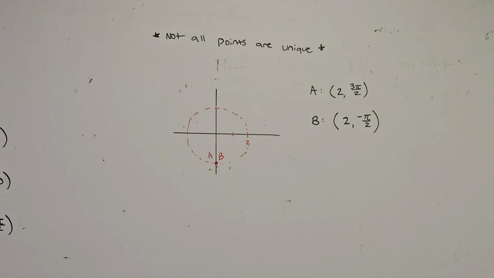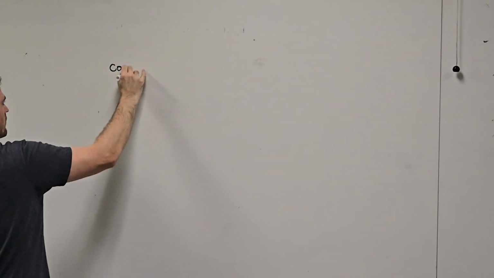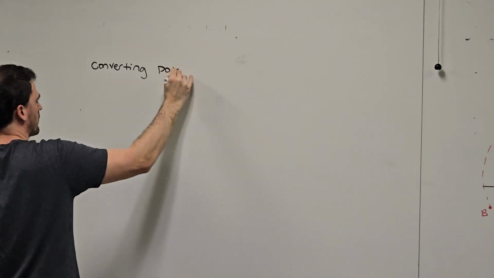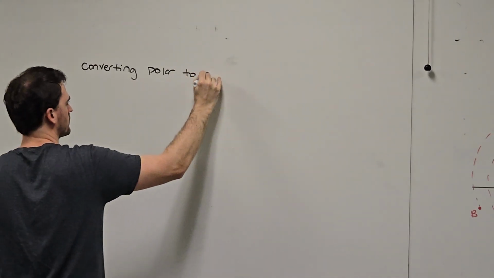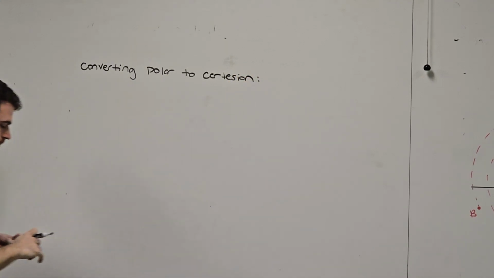So that's how to plot the points. The next idea that we want to get comfortable with is how to convert the coordinates, converting polar to Cartesian or rectangular.